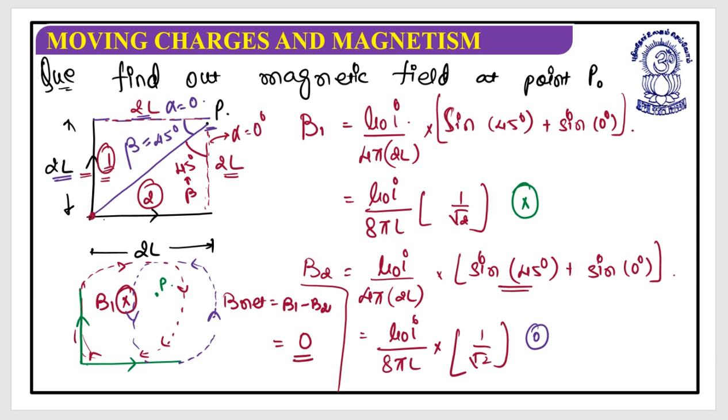At last, if both have a magnetic field in the same direction, you add them, and if both have a magnetic field in the opposite direction, you subtract them. It is as simple as that.